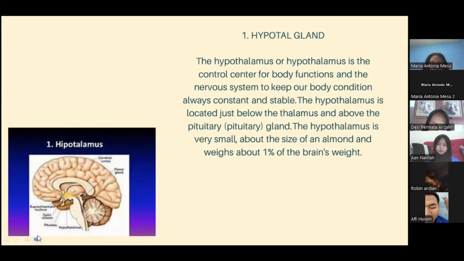The hypothalamus is the control center for body functions and the nervous system to keep our body condition always constant and stable. The hypothalamus is located just below the thalamus above the pituitary gland. It is very small, about the size of an almond, and weighs about 1% of the brain's weight.